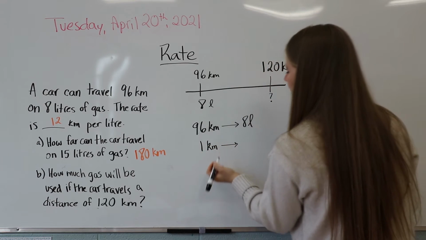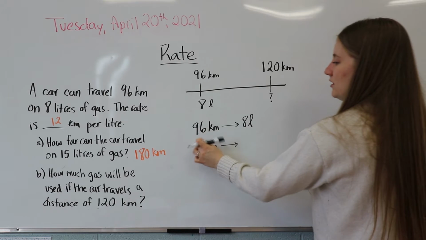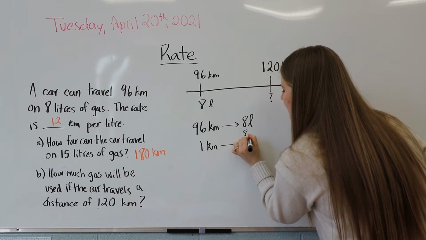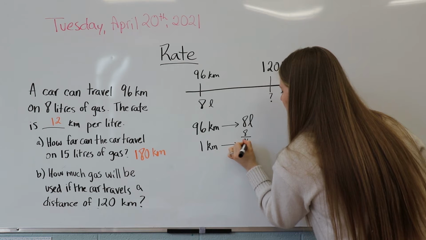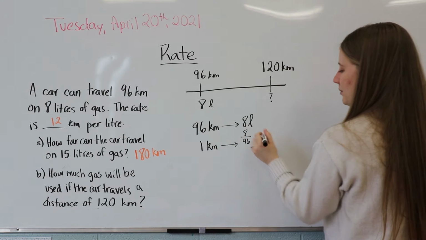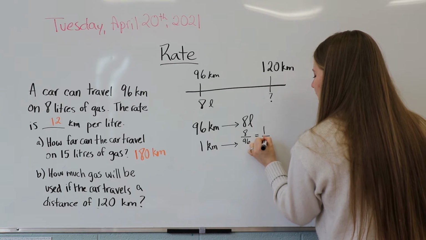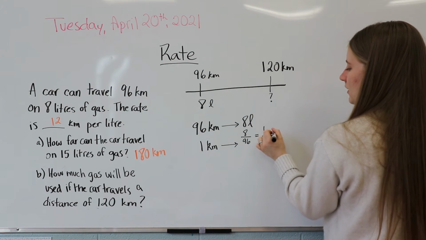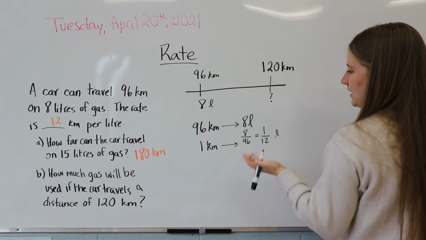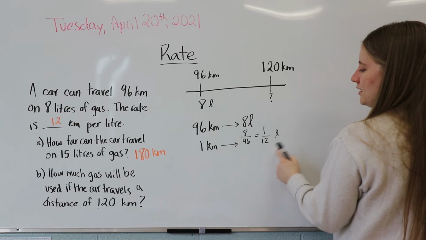So the value of 1 kilometer, and we still have to do the division, is 8 over 96, which we can simplify down to 1 over 12. And that value is in liters, so a kilometer is 1/12 of a liter.